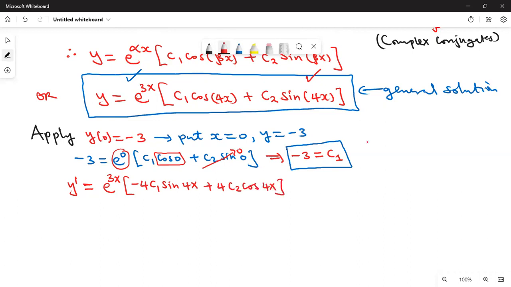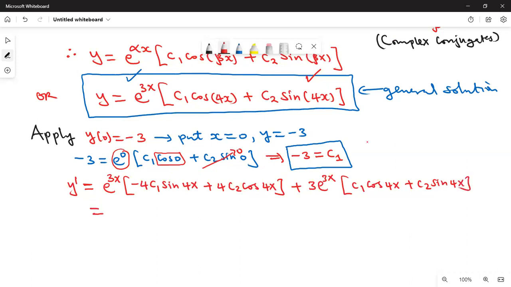I'm using the product rule, plus 3 exponential 3x, then retain the other function, that is c1 cos 4x plus c2 sine 4x.